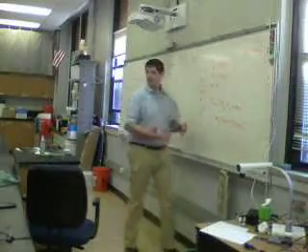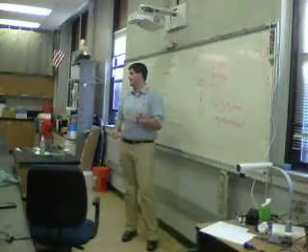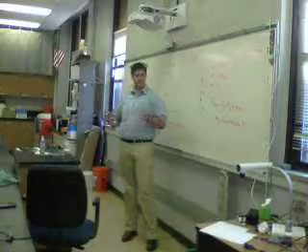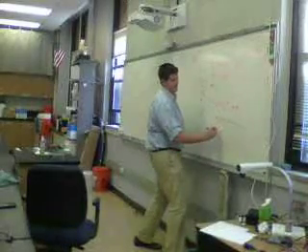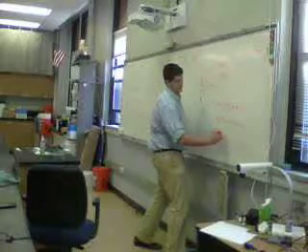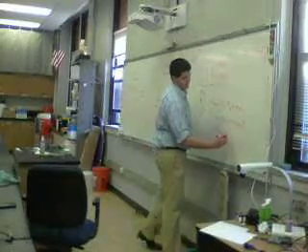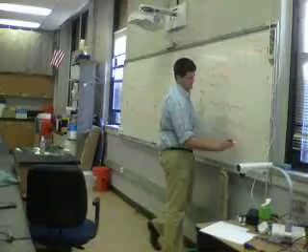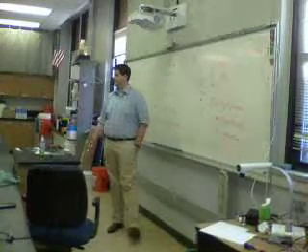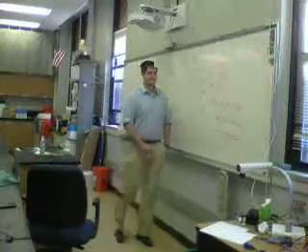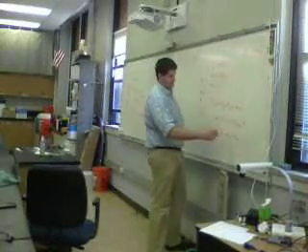We can still use 10. Absolutely. So I'm going to say negative 10 here minus 450 is equal to negative 5. Does that make sense? So you bring that over, you bring this over.